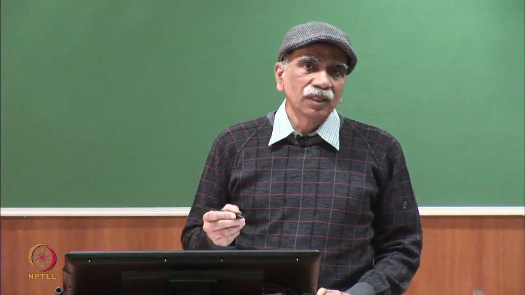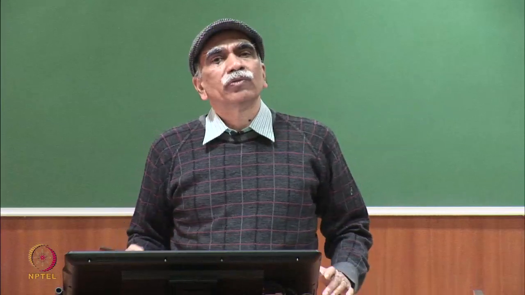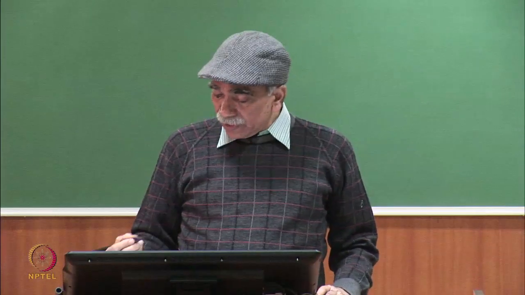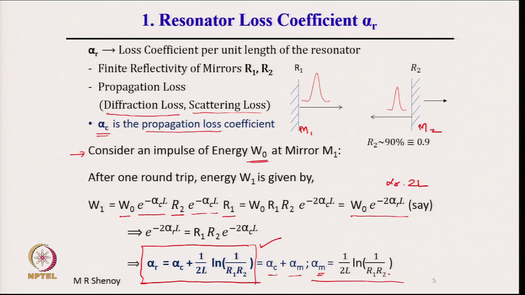If the mirrors were to reflect 100%, then R 1 equals R 2 equals 1, and ln 1 is 0, so alpha m would be 0, which is not the case. All right, so we have got the expression for the resonator loss coefficient.